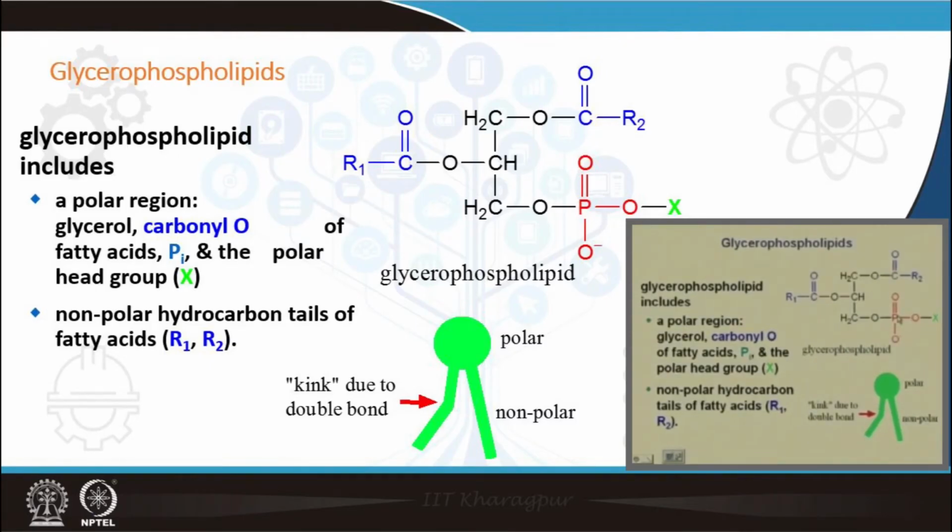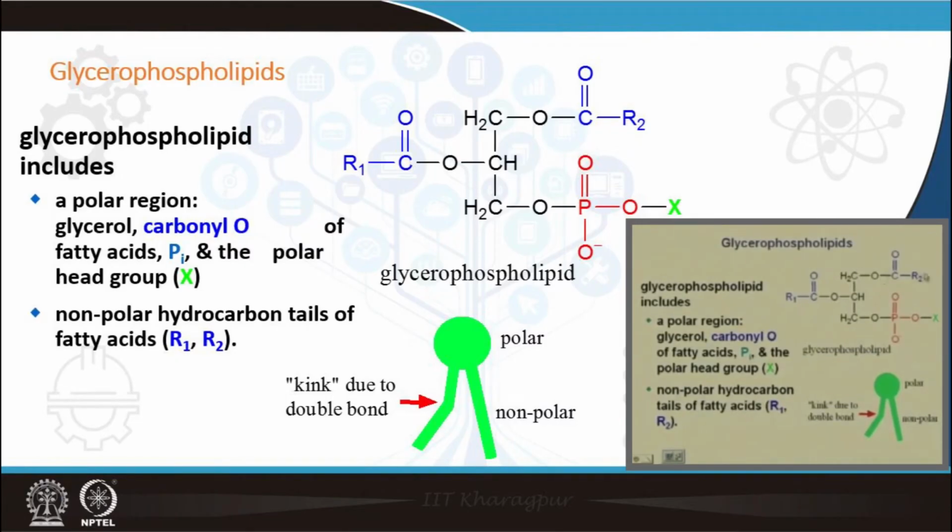Now, the phosphate again is esterified. Okay? If the phosphate again is esterified by this X group, okay, this is where we can change the type of glycerophospholipid that we have. So, where can we make the changes? We have the basic structure of a glycerophospholipid, that is going to be the glycerol.